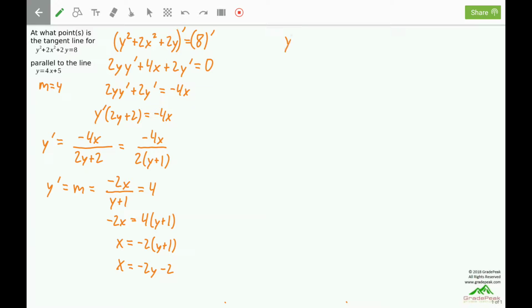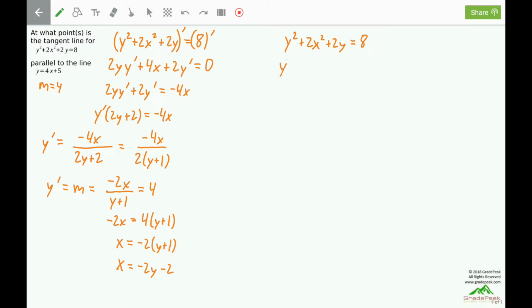So our original implicit equation was y squared plus 2x squared plus 2y equals 8. And we just found an expression that we can actually plug in for x.